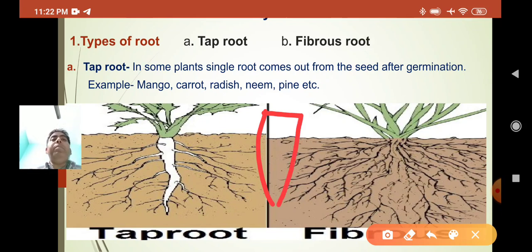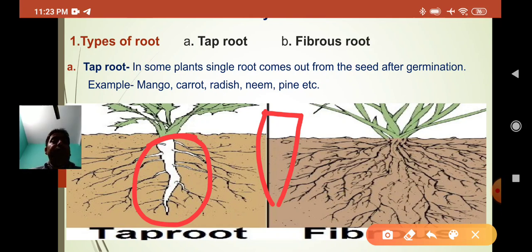Pine tree, a big one, also has a tap root. Neem, a big tree, also has a tap root. Other examples are carrot and radish. These are the examples of plants in which tap root is found.